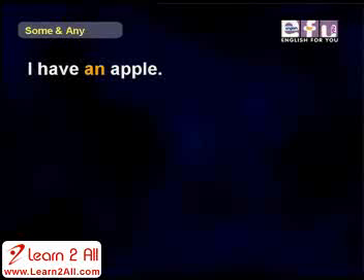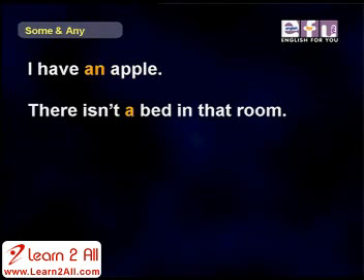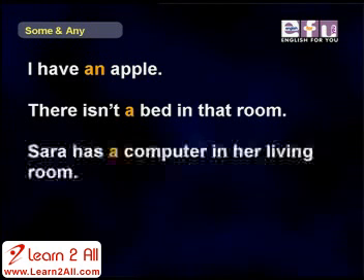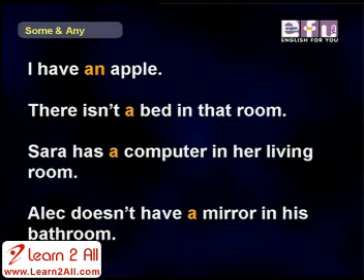First, I have an apple. Next example. There isn't a bed in that room. Next sentence. Sarah has a computer in her living room. Alec doesn't have a mirror in his bathroom.